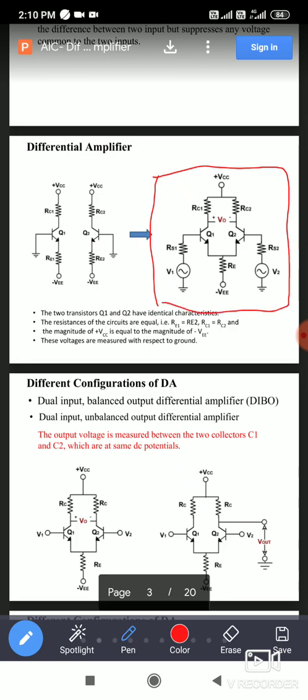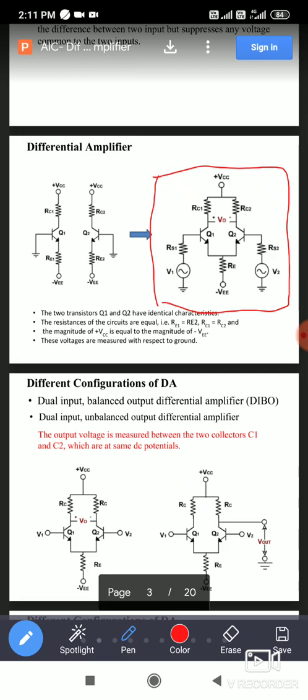Here two transistors Q1 and Q2, whatever we are using in the differential amplifier, both have the same characteristics, the same specification, and the electrical parameters should be the same. So these two transistors must be selected as the same. Next, the collector resistors, emitter resistors, and base resistors should all have the same values.